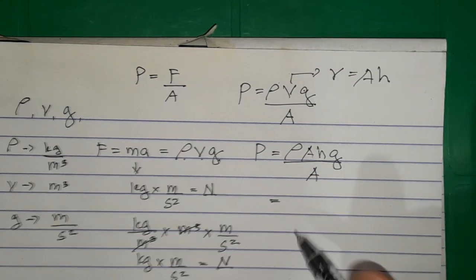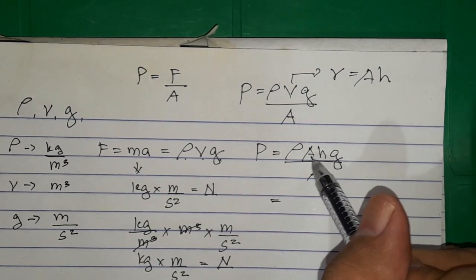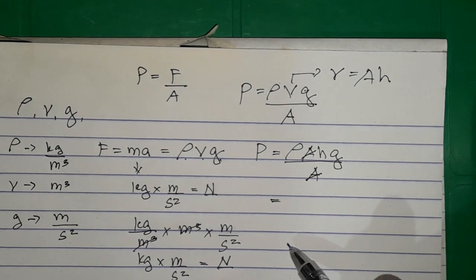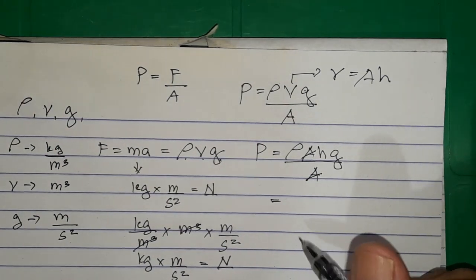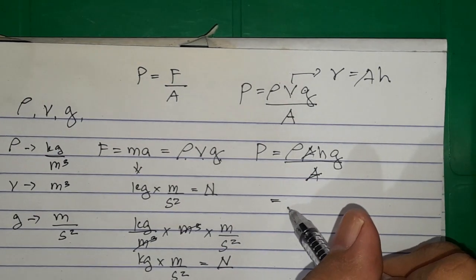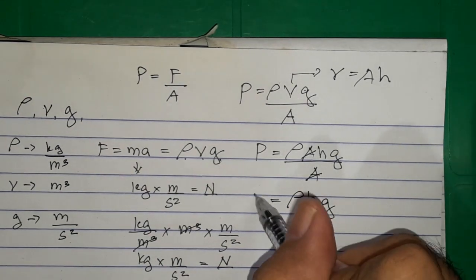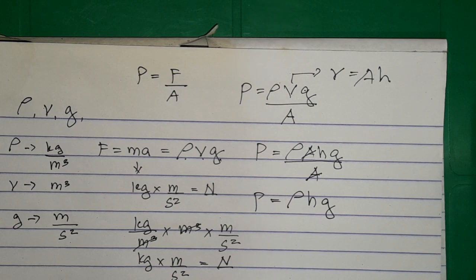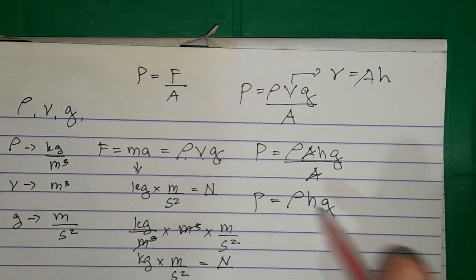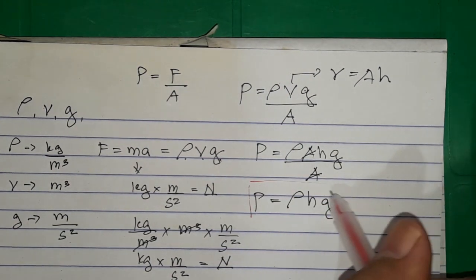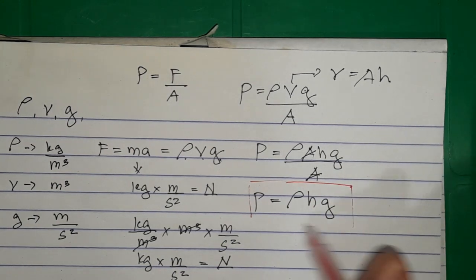At this point, we can cancel out area. The remaining quantities will be density, height, and gravity.